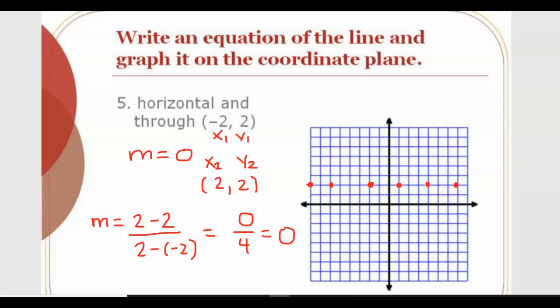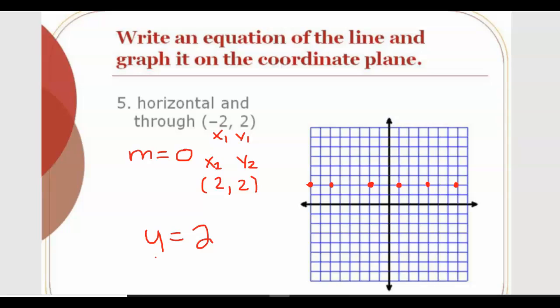So you can always check that that slope is 0. The equation of a horizontal line is always y equals. So in this case, it would be y equals 2, because every point on that line will have a y value of 2.